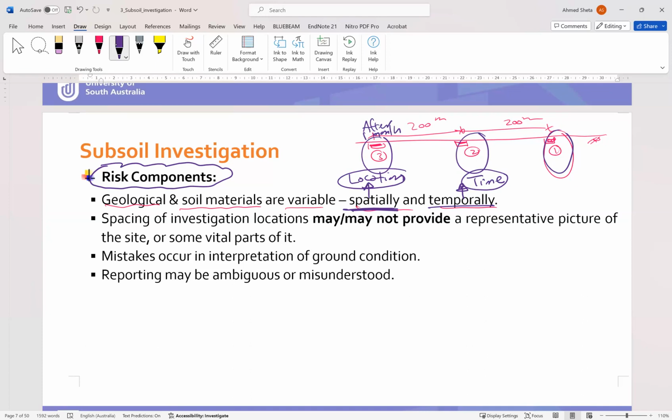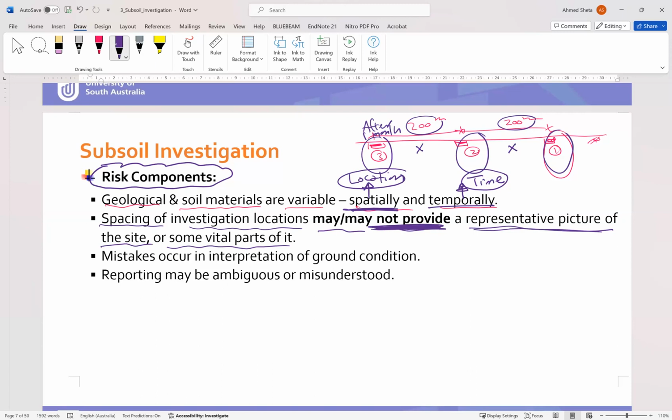Also, the spacing of the investigation locations, as I mentioned, 200 meters, may or may not provide a representative picture of the site or some vital part of it. For example, if there is a different soil type here or a different soil type here, our 3 locations are not providing a representative picture of the site.